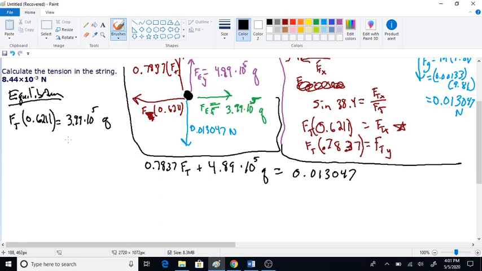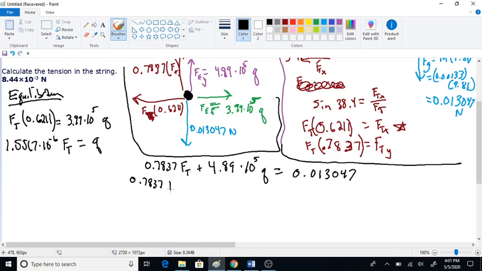I solved for q, and I divided by this over here, and when I divided by that over here, I got 1.5567 times 10 to the negative 6th Ft. Then I package this and put it in over here.